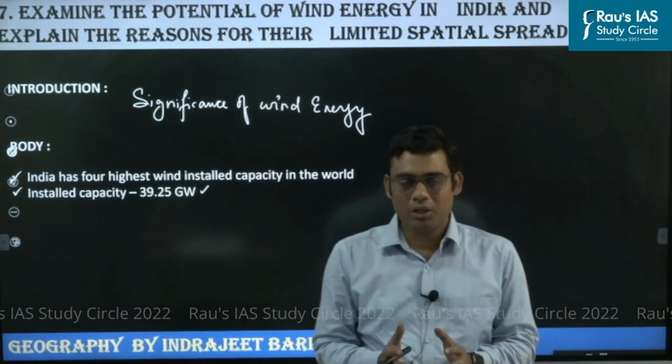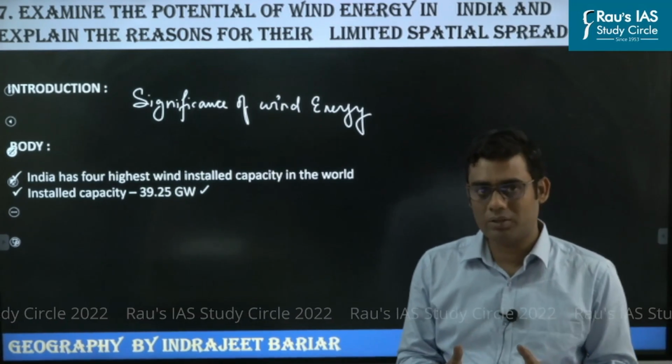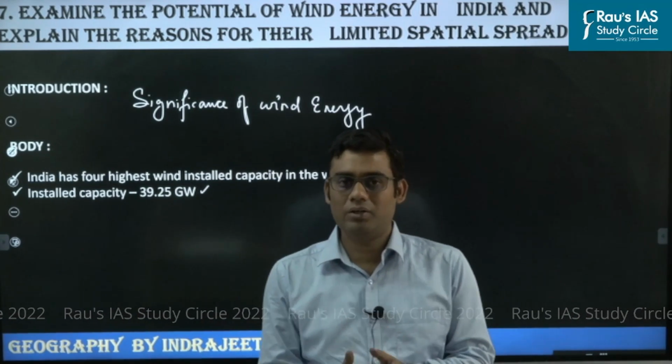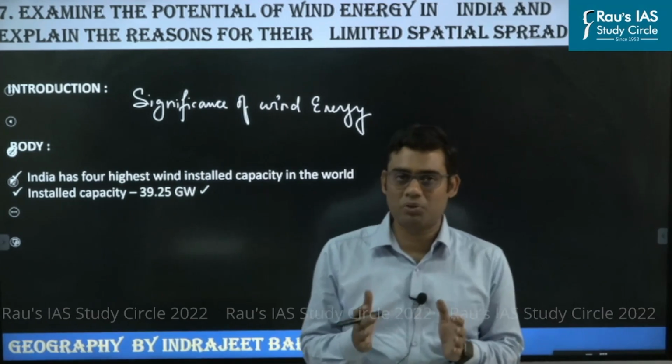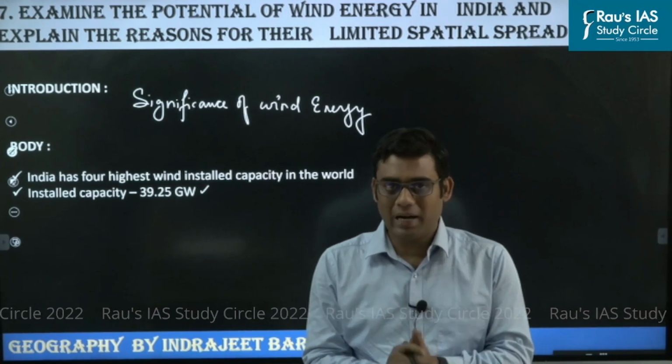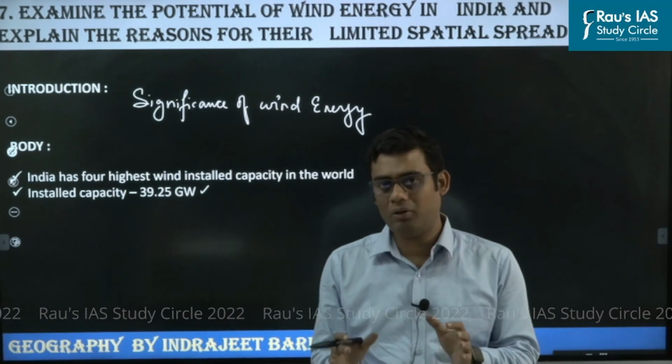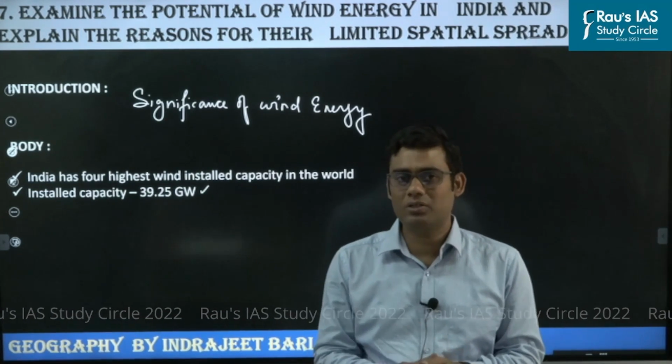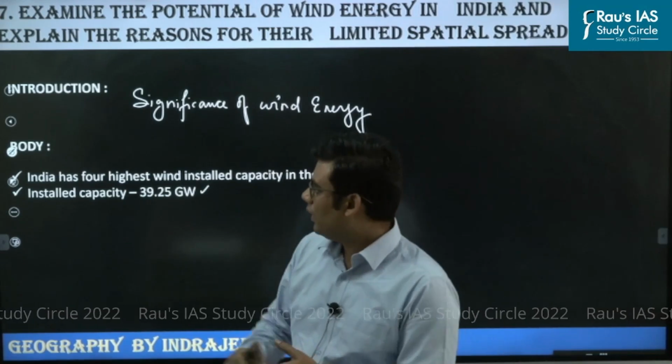Now, for the potential for wind energy generation, what we can see is that wind energy generation requires some substantial speed of the wind. And that's where it's limited to a few windy regions or windy states of India.